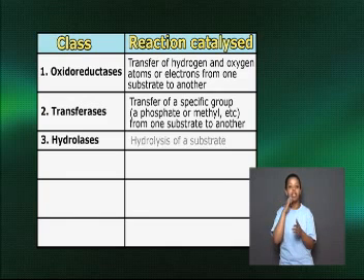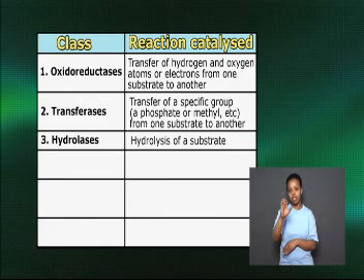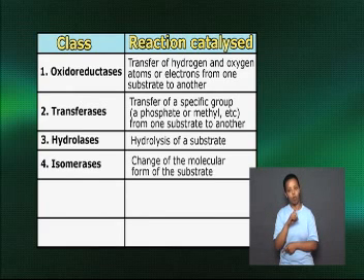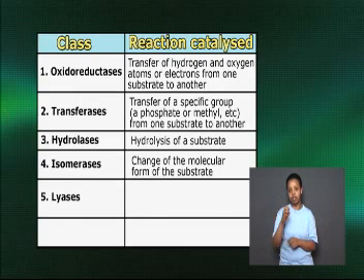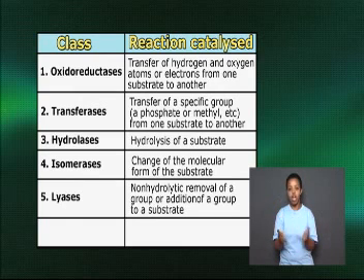These enzymes catalyze the hydrolysis of a substrate. The fourth group is called isomerase. Enzymes in this group catalyze reactions in which the molecular form of a substrate is changed. The fifth group is called lyase. These are enzymes that catalyze the non-hydrolytic removal or addition of a group to a substrate.